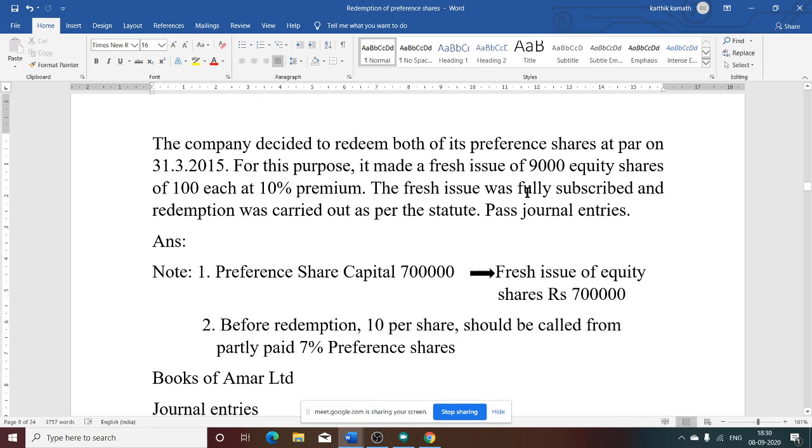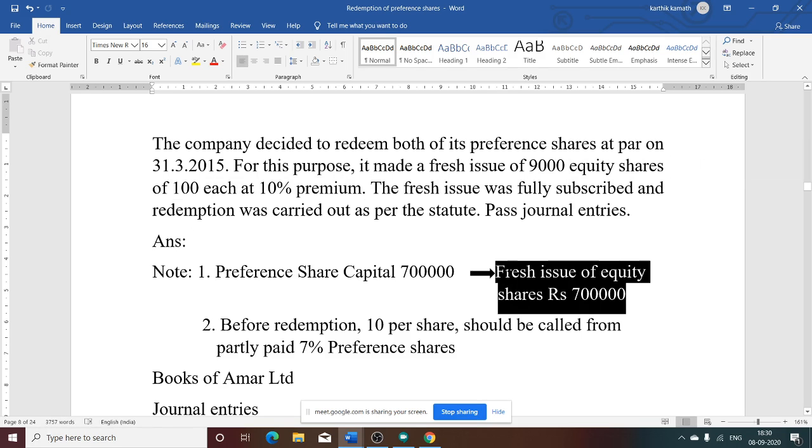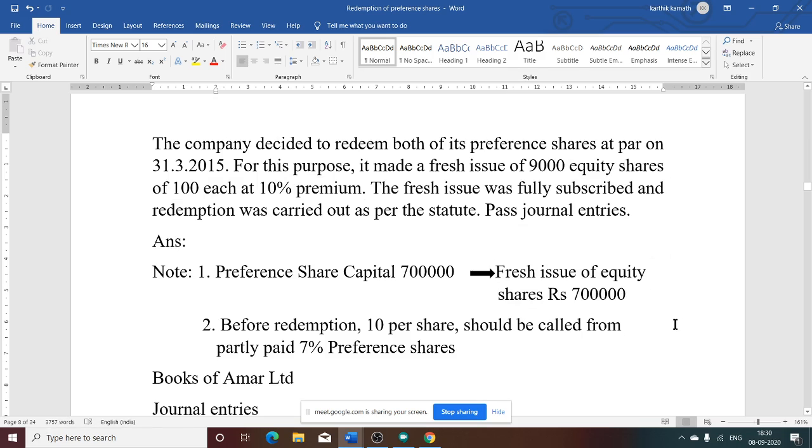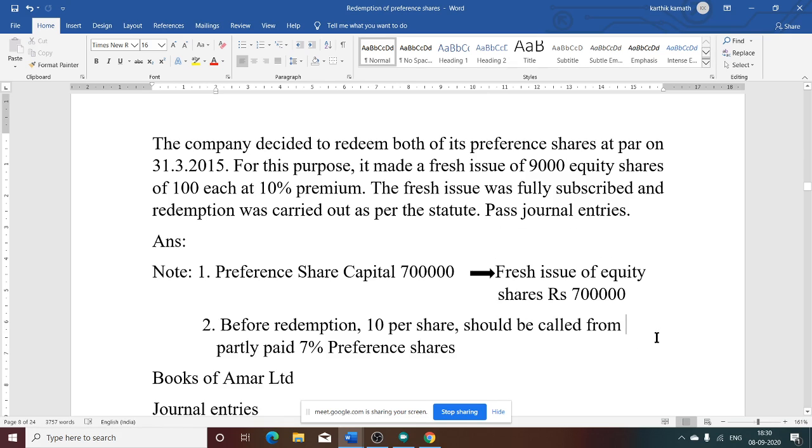Now there is a fresh issue they have done: 9,000 into 100 means there is a 9 lakh balance, but we want only 7 lakh. So there is sufficient balance available from the fresh issue of equity shares. From 9 lakh we are taking only 7 lakh. So preference share capital is met by paying from the fresh issue of equity shares. Now there is no redemption premium.